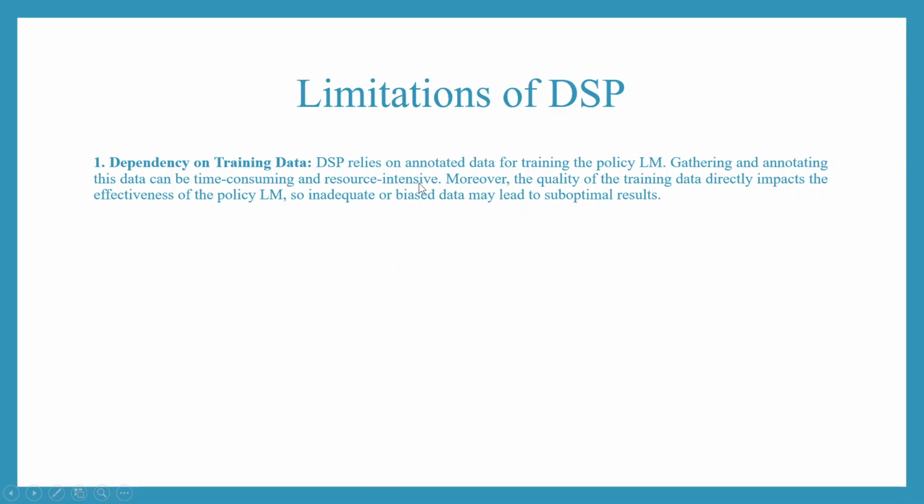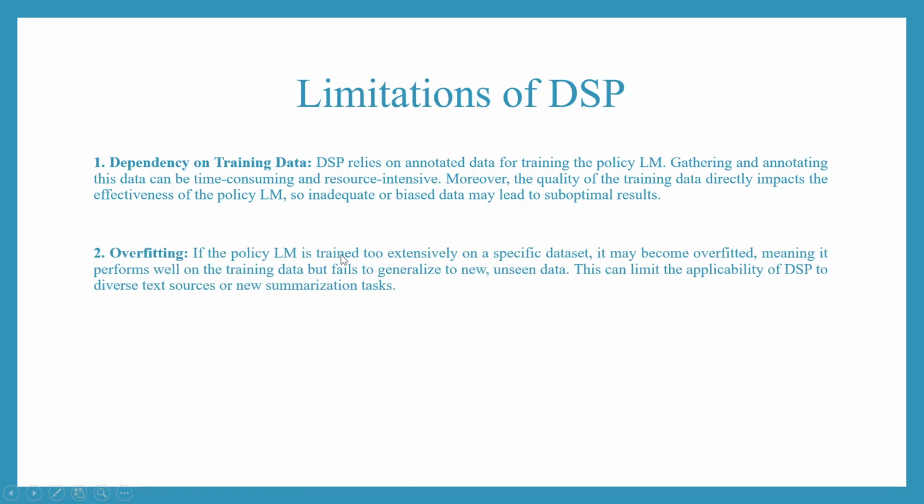DSP relies on annotated data for training the policy language model. Gathering and annotating the data can be time consuming and resource intensive. Moreover, the quality of training data directly impacts the effectiveness of the policy language model, so inadequate or biased data may lead to suboptimal results. If the policy language model is trained too extensively on a specific dataset, it may become overfitted, meaning it performs well on the training data but fails to generalize to new unseen data.